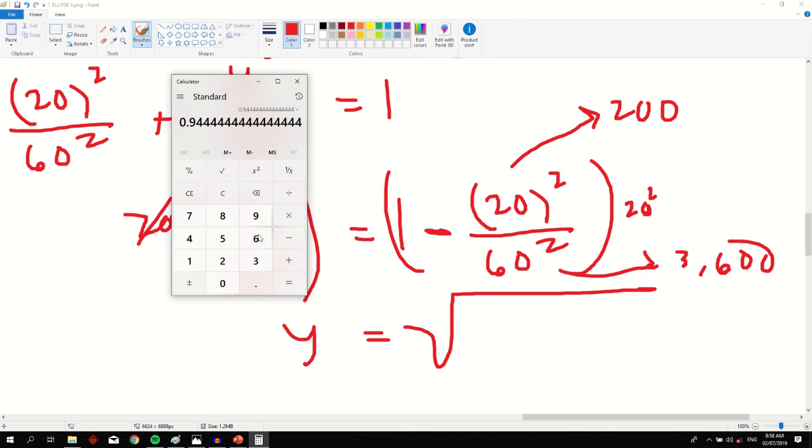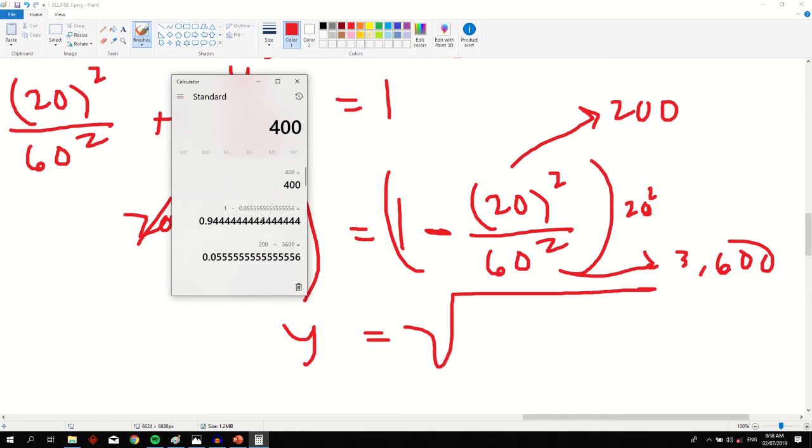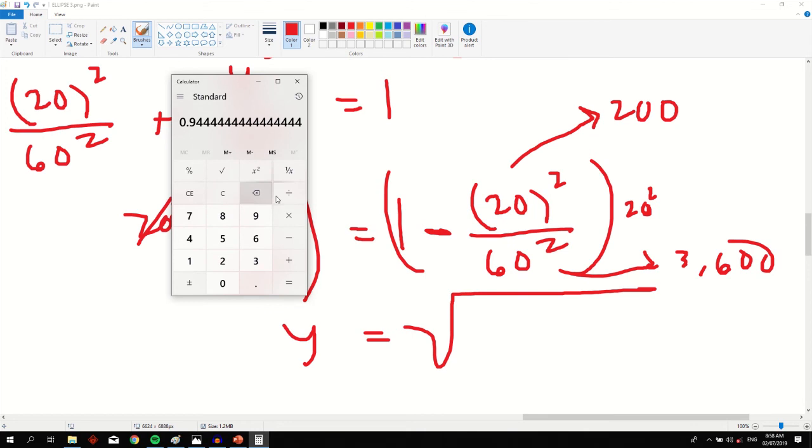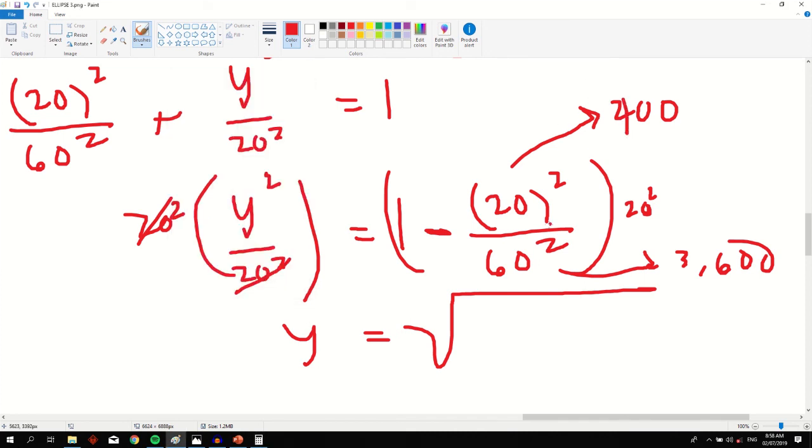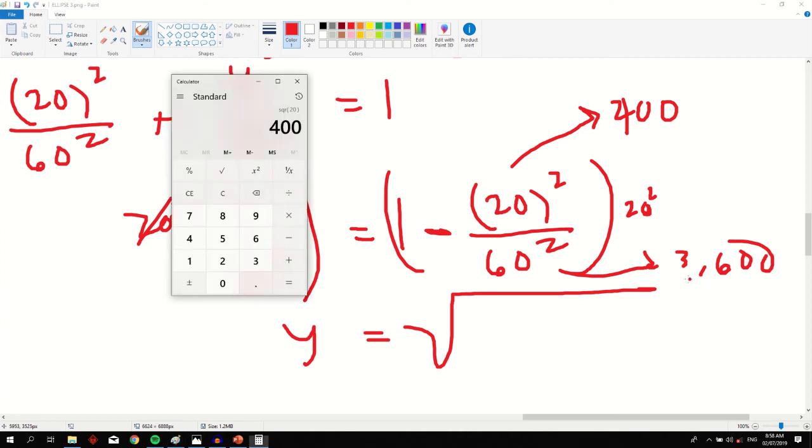Times 20 times 400. Wait, what happened? I need this one. Okay, so this one times 400 is equals to, wait, what happened? Let's check. So 20 square is equals to 400. This is 3600.